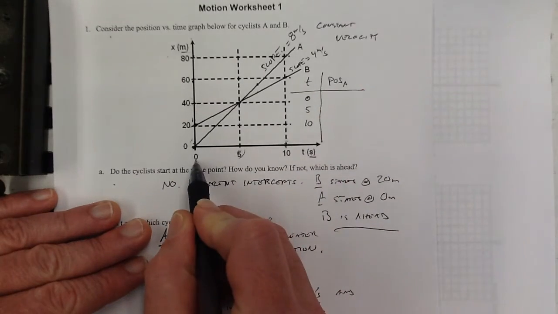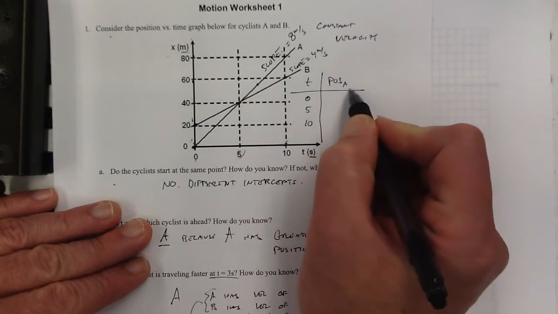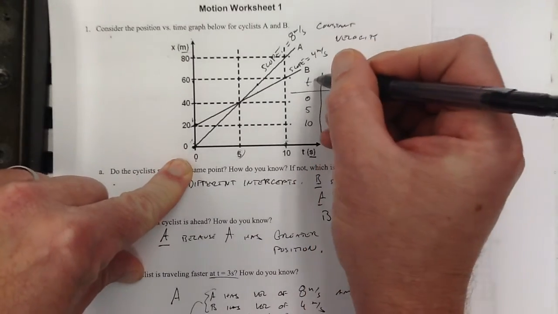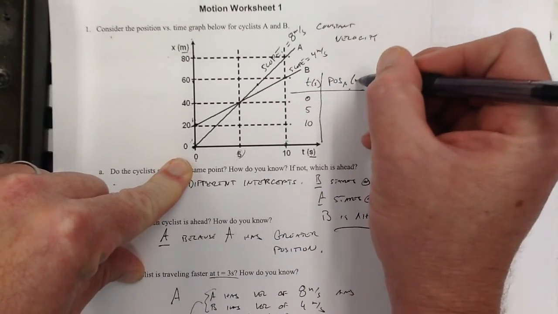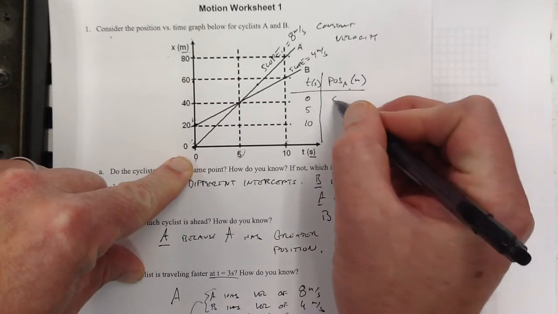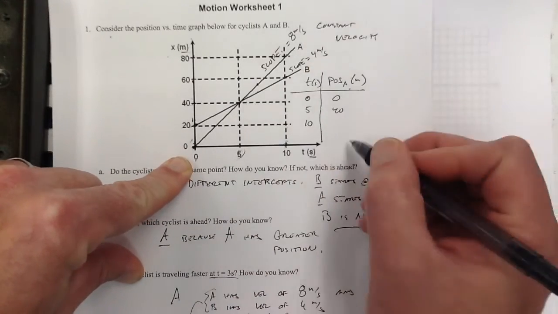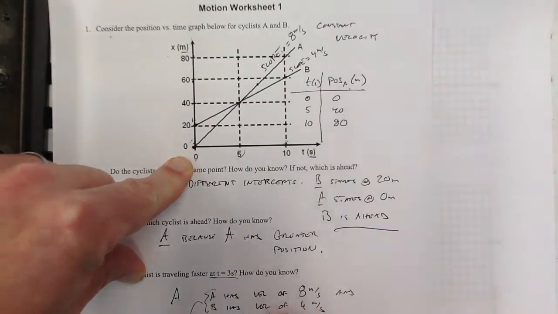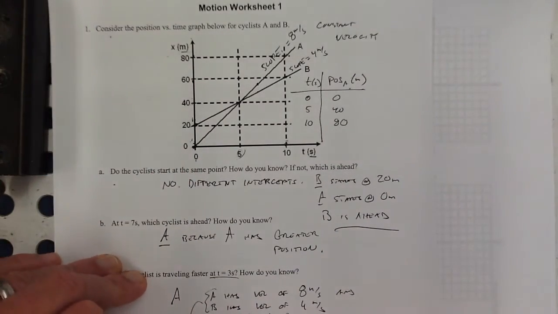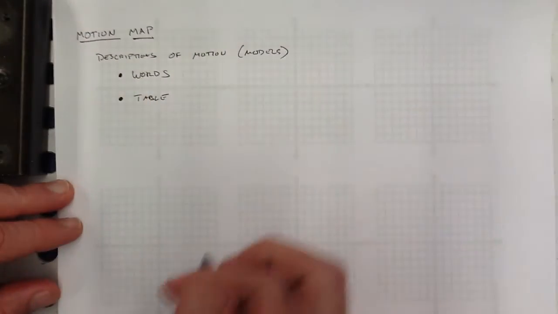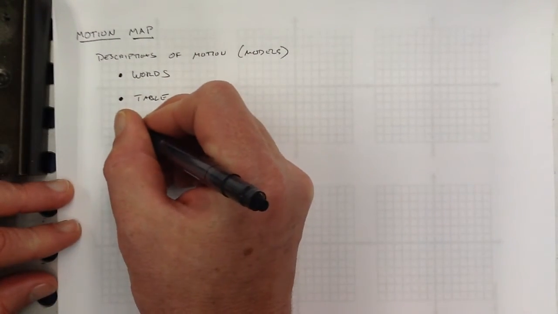If I took times 0, 5, and 10, talking about the position of A, then this is time in seconds, this is position in meters: 0, and then at 5 seconds they're at 40, and at 10 seconds they're at 80. You could do a table like that. That's a way to represent motion. It's a description of motion.